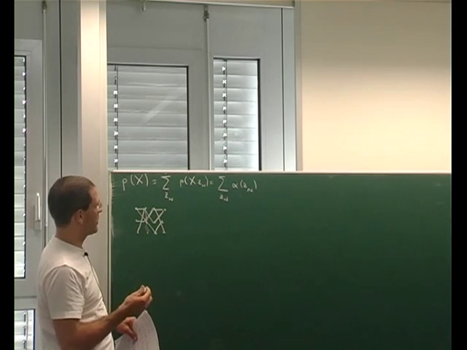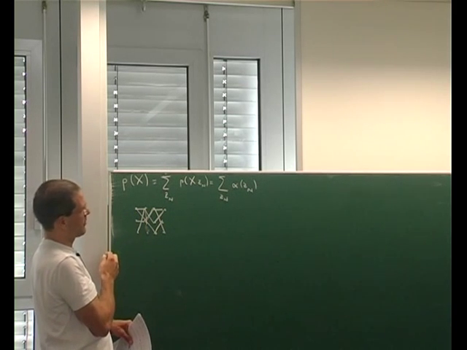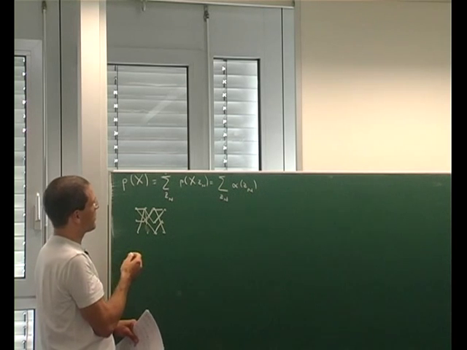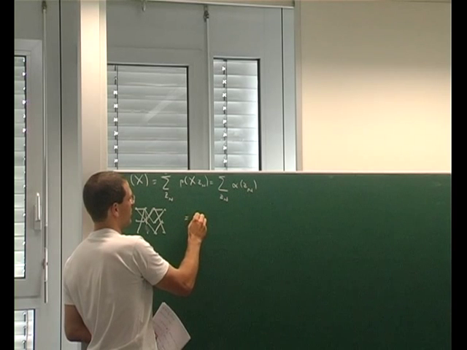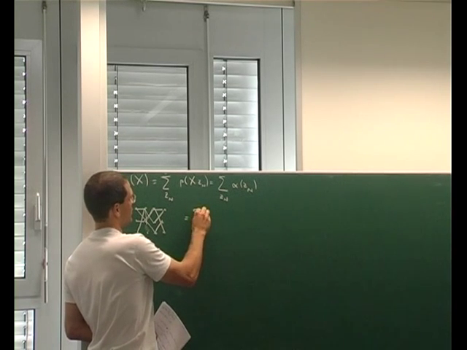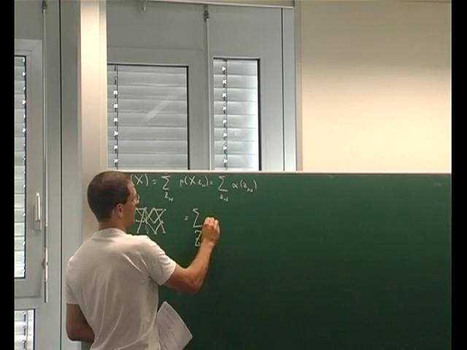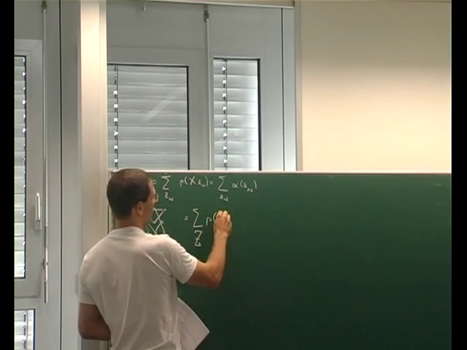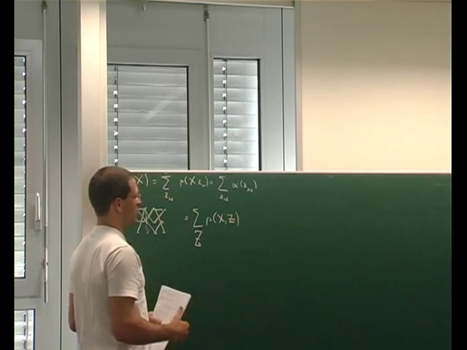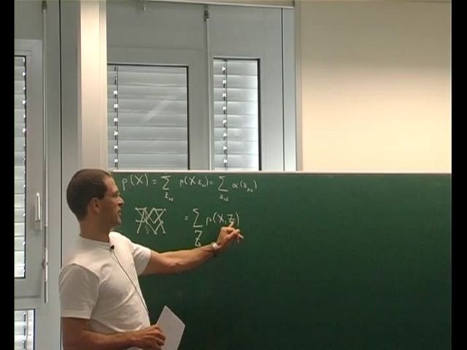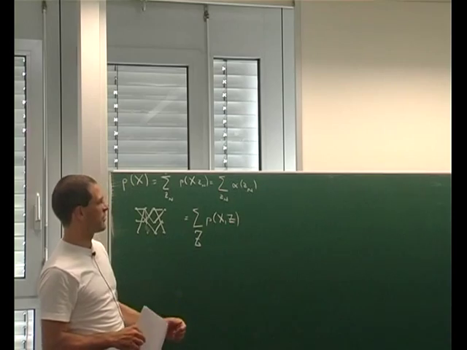And naively, if this is a given parameterization, the way you would obtain this probability would be by saying that this is now a capital Z. We marginalize out. Now these are all observations, and this is a sequence of hidden states, and we sum over all possible sequences of hidden states.